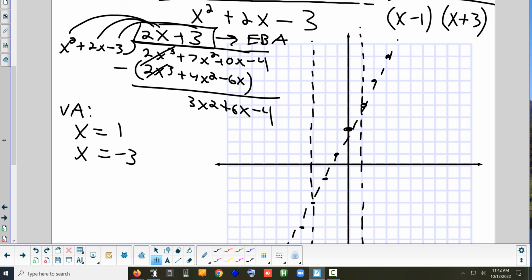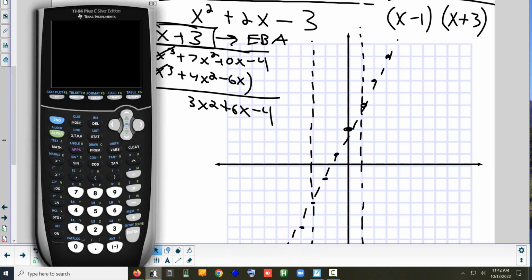So the asymptotes are my guides. I'm going to end up with a sketch in 3 different pieces. I kind of know where they're going to be already. But if I didn't, now I'm just going to use the calculator and plot as many points as I need to. Always check points near the asymptotes. That's the first thing you should check.